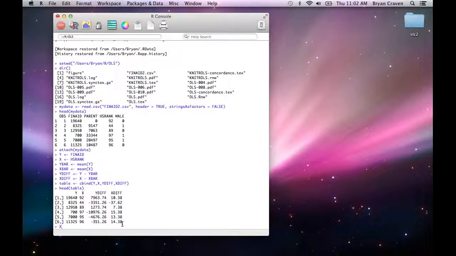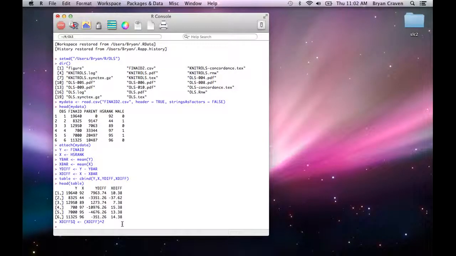So xdiffsq is equal to the quantity xdiff raised to the second power. We also need to calculate the quantity x minus x bar times the quantity y minus y bar, which we're going to call product. So product is equal to xdiff times ydiff.